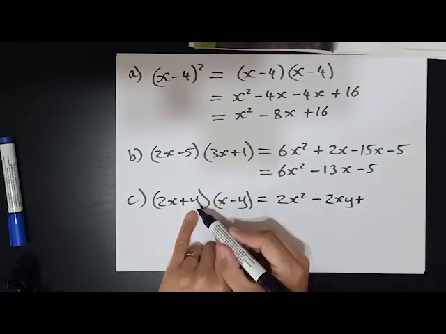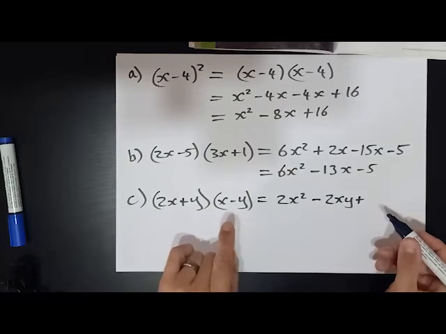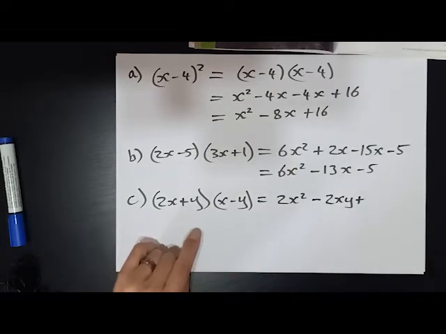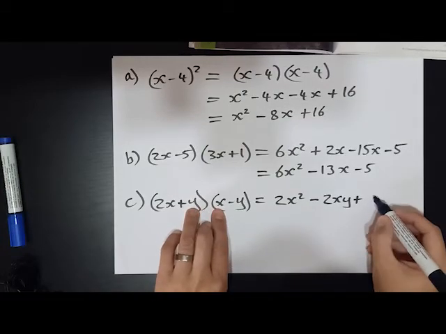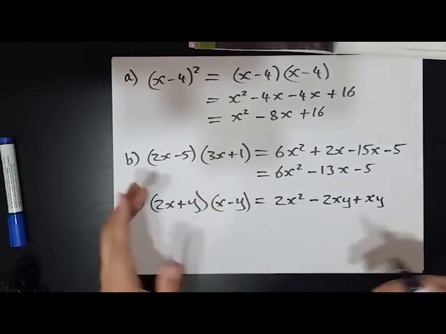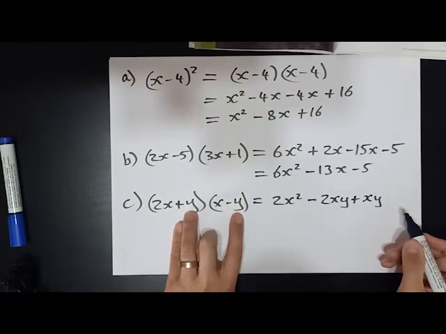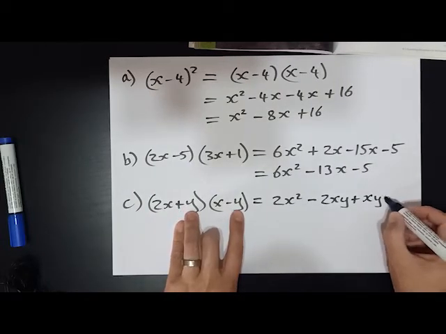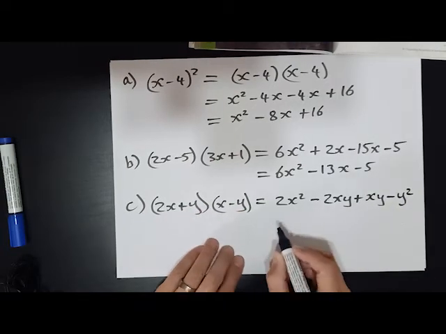Plus y times x. So it's going to be plus. Now, you might be tempted to write yx, but yx and xy are the same thing, so let's not confuse ourselves. Let's keep them in alphabetical order. Plus xy. And then here we have plus y times minus y. Well, first of all, it's going to be negative, minus y squared.